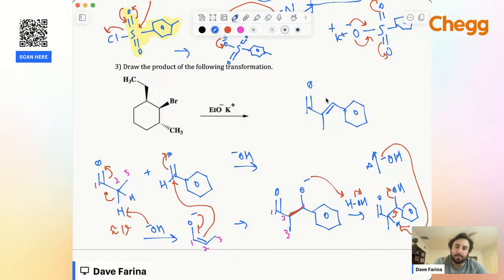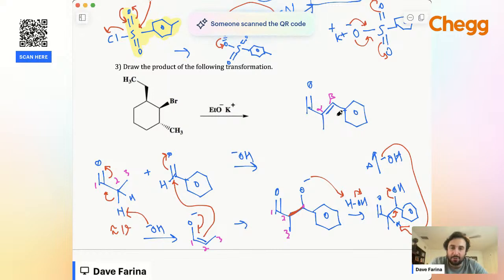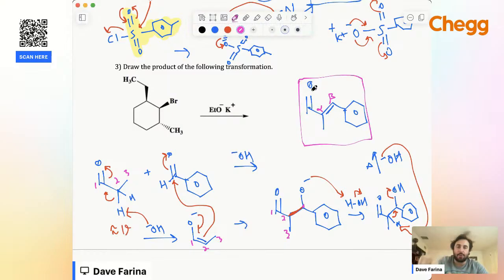And so the product of an aldol condensation has a degree of alpha-beta unsaturation. Here's the alpha carbon, here's the beta carbon, and here's a pi bond between the alpha and beta carbons relative to the carbonyl. So this is what an aldol condensation product looks like. Whatever carbonyl was involved in enolization, that carbonyl reforms.